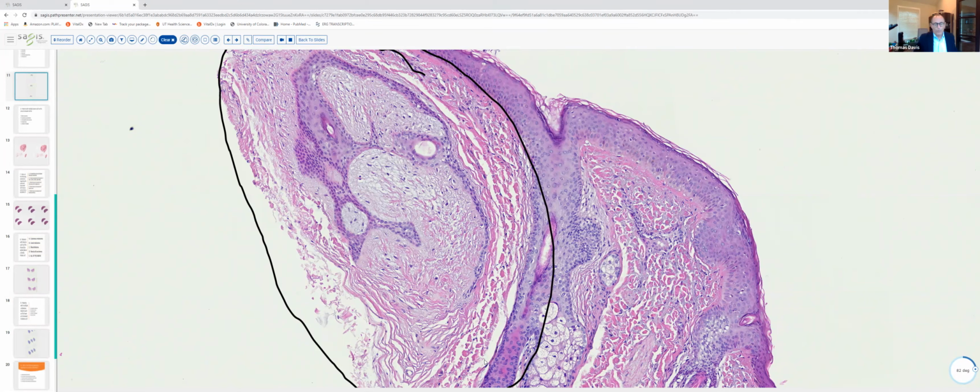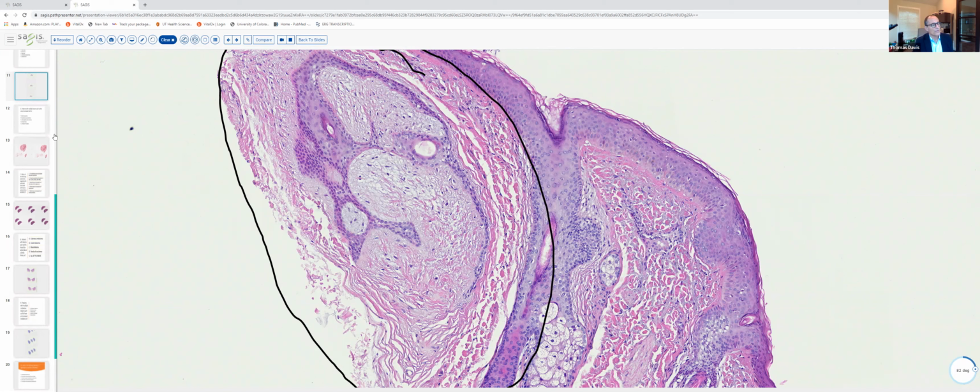I think most people have now accepted the fact that the two are one tumor, and most people will now talk about fibrofolliculomas. And of course, depending upon where you section the tumor, you're going to get more epithelium or more mesenchymal component. Anyway, that's kind of my spiel on fibrofolliculomas.